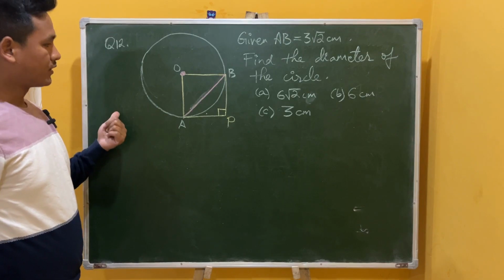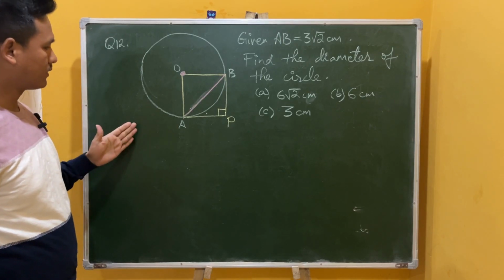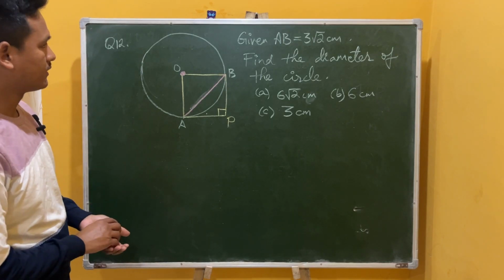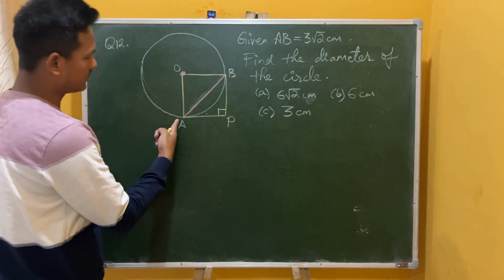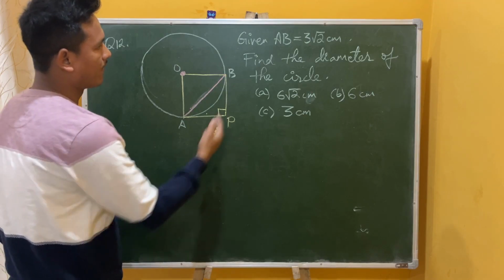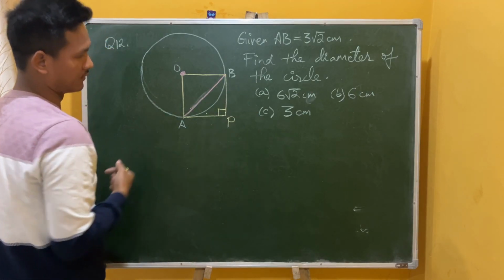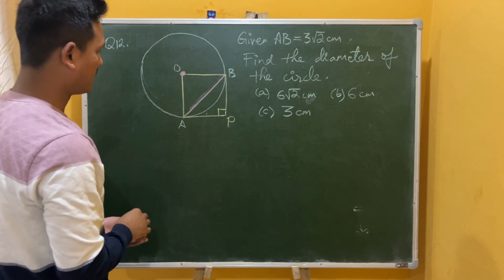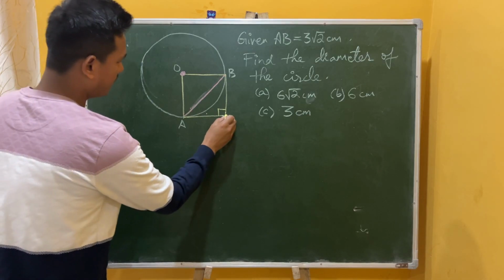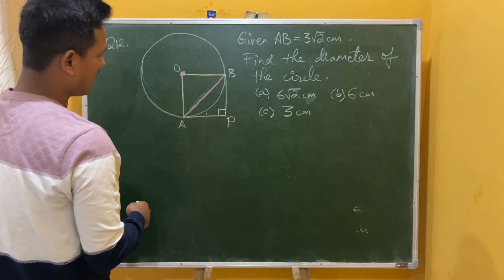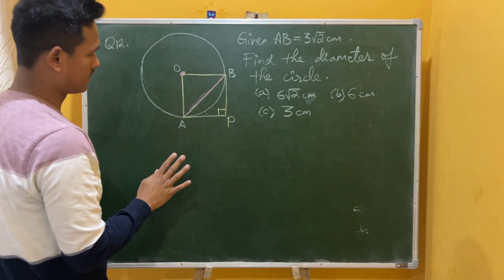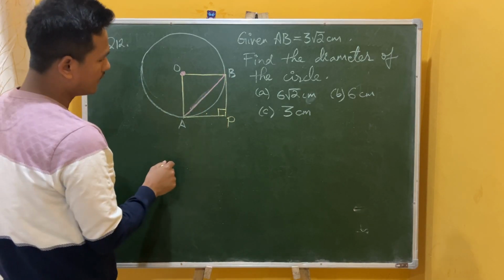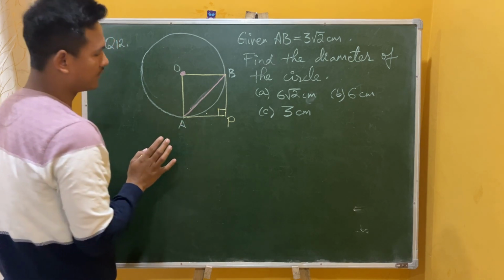Let us solve this question number 12. This one is also a figure, and it's given AB equals 3 root 2 centimeter. Find the diameter of the circle. So there's a point P outside the circle, and PA and PB are tangents at A and B, and this angle is 90 degree.